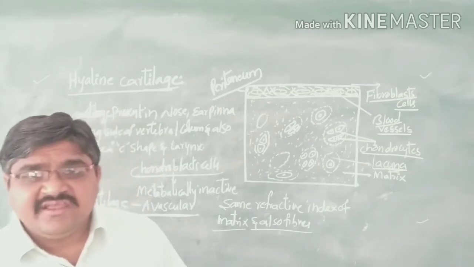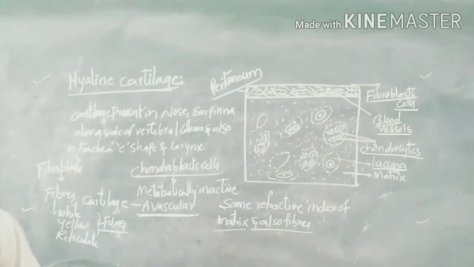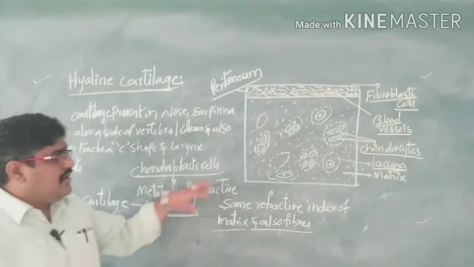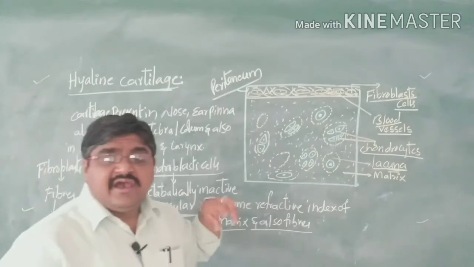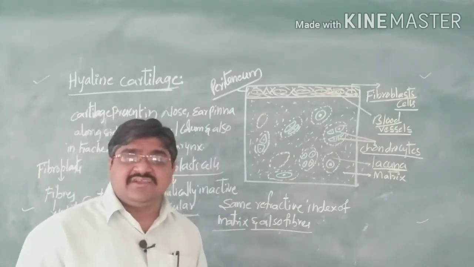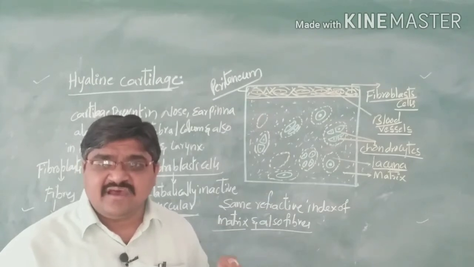In the embryonic stage, and already we know that in some fishes, the chondrichthyes, that means cartilaginous fishes, are present.